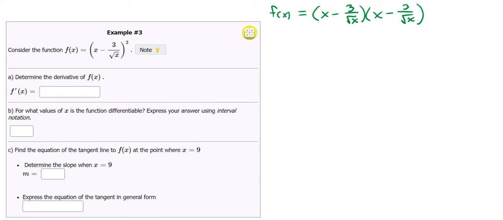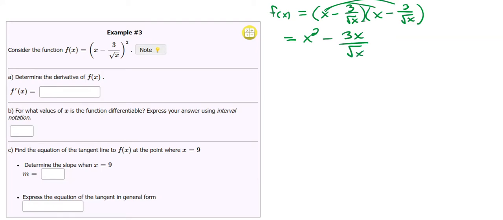We have to get rid of these brackets so that we just have individual terms that we can take the derivative of. So the next step down here, we're going to have x times x is x squared, and then x times negative 3 over the square root of x. This would become negative 3x over the square root of x.